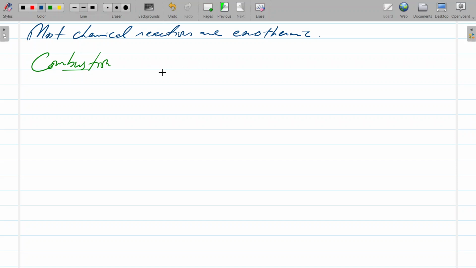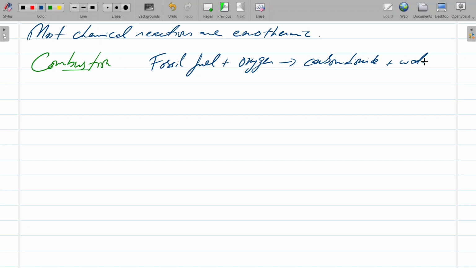So you've got a fuel, or more appropriately, fossil fuel. We've already done this. Plus oxygen gives you carbon dioxide plus water.